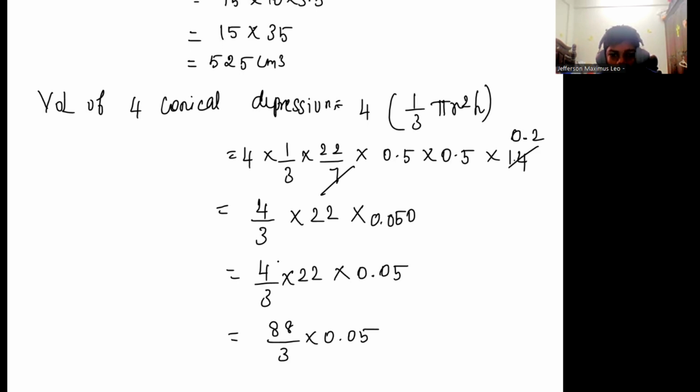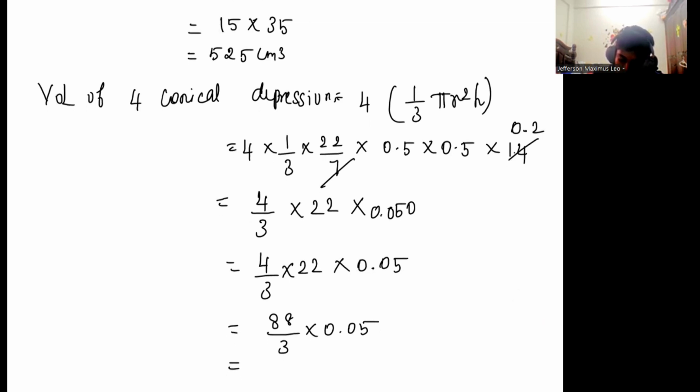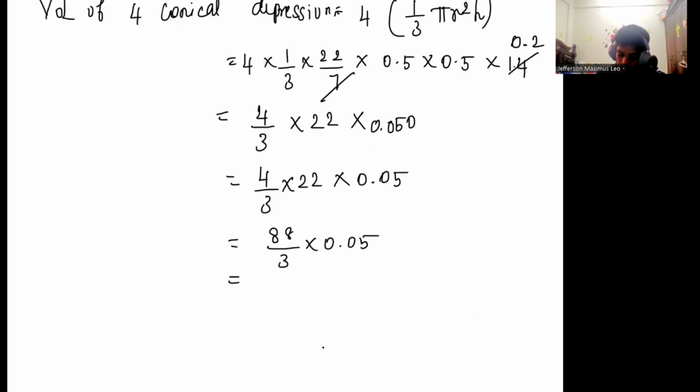So 88 times 0.05 is 4.4, divided by 3, that's 1.46 centimeter cube.